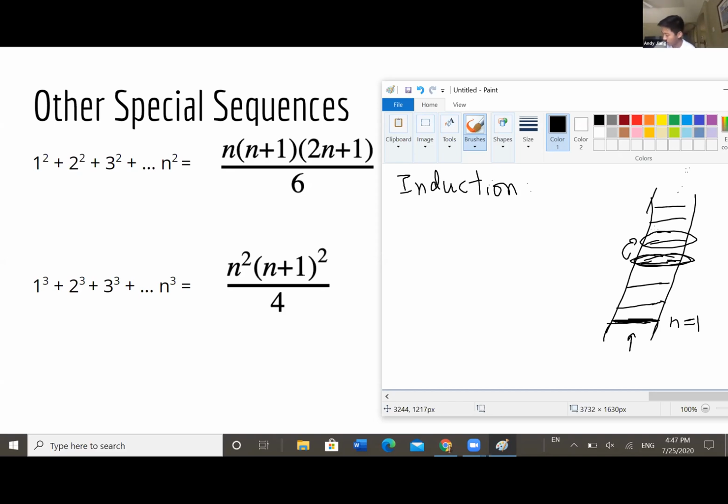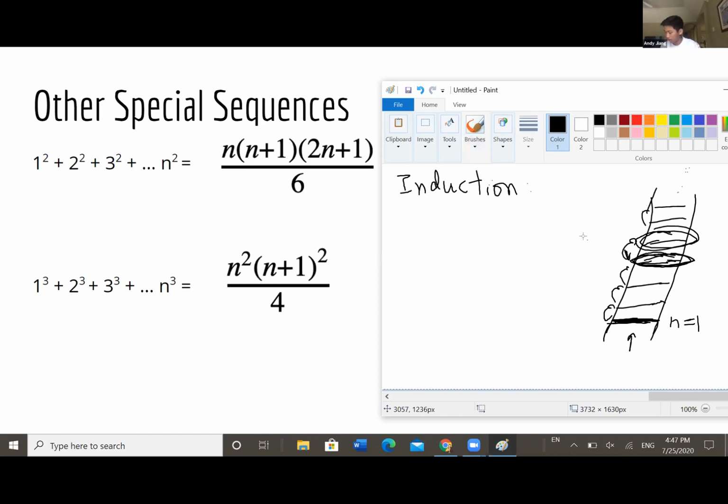Okay, so if I can prove that if I can get to this one, then I can get to this one, then I can start from 1, and I know I can get to 2. From 2, I can get to 3, and so on. And basically, I prove this for all numbers.